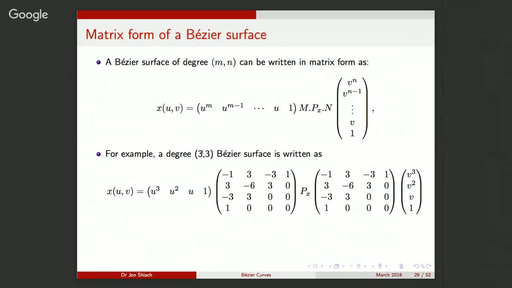So we've got third order Bezier curves in both x and y directions. Okay, so there's the M matrix, the third order Bezier. There's your u's, so you're going to have u cubed, u squared, u, and 1. In the middle, this will be a 4 by 4 matrix of x coordinates, and then we've got v's on the end. So it's just a series of matrix multiplications.